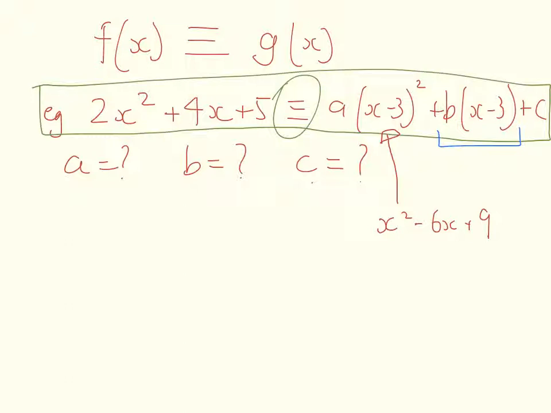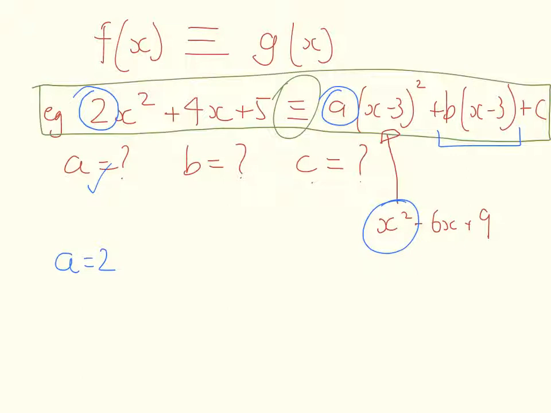But the only place I'm going to get x squareds is from here. So whatever that coefficient of x² is, that's my value for a. Straight away I can just read that off: a only gives me my x squared, so a equals 2. One of our three is done.